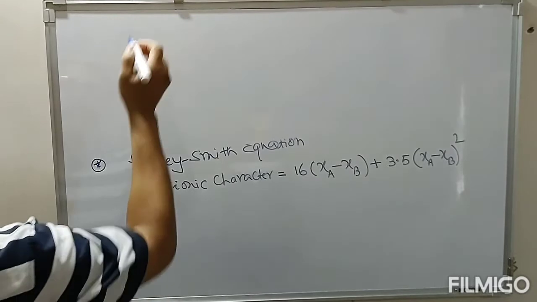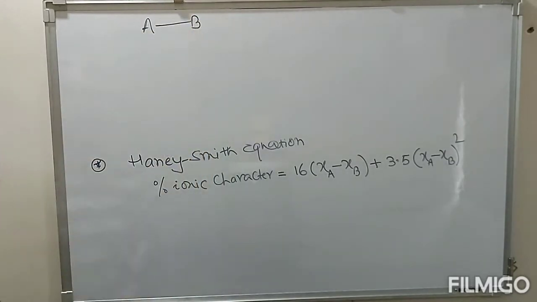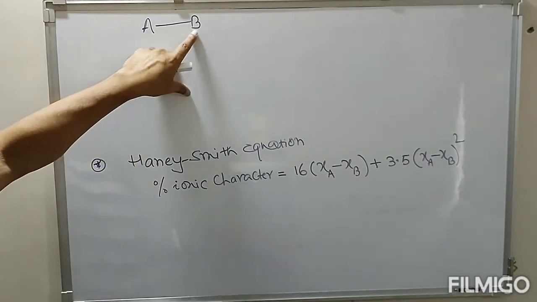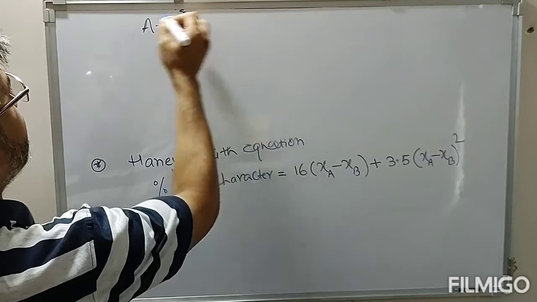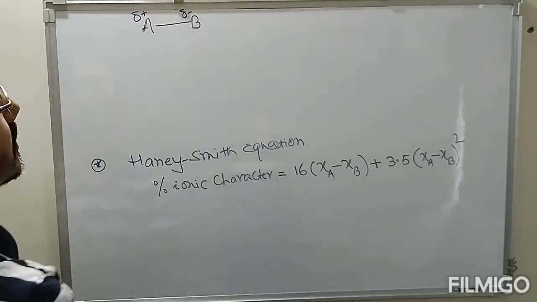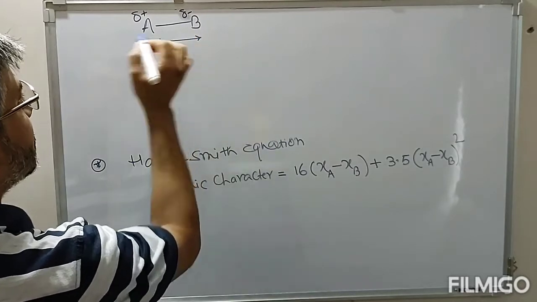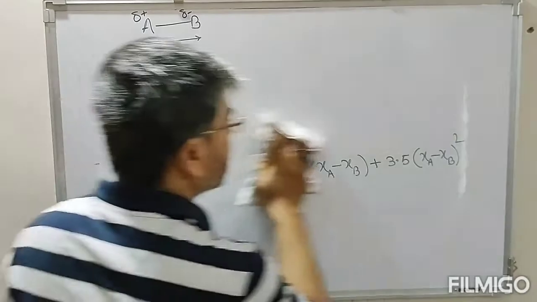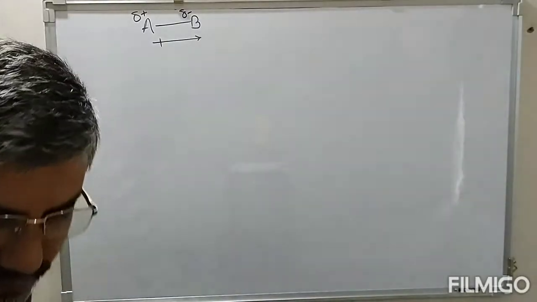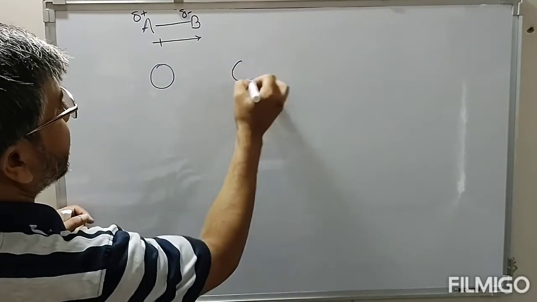So we have looked at this AB bond. Let's assume B is more electronegative than A, so B will acquire partial negative, A will acquire partial positive. So we have a dipole, and the dipole is from A to B. So we represent this dipole. Say we have a positive pole, we have a negative pole.